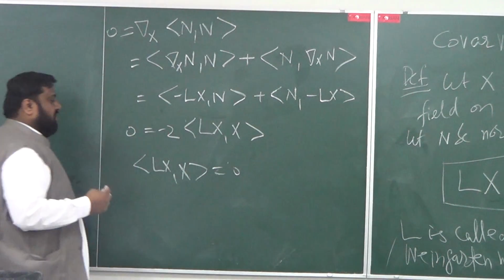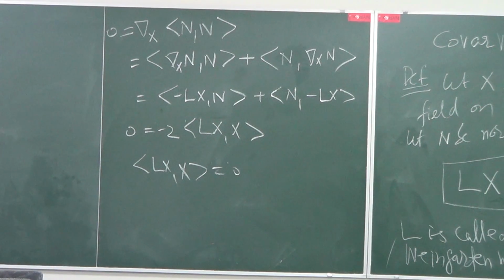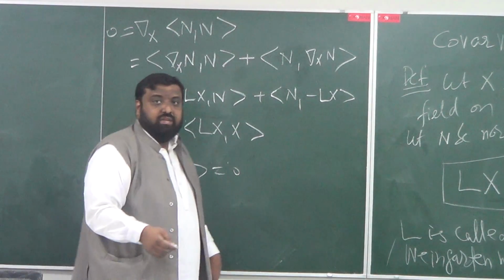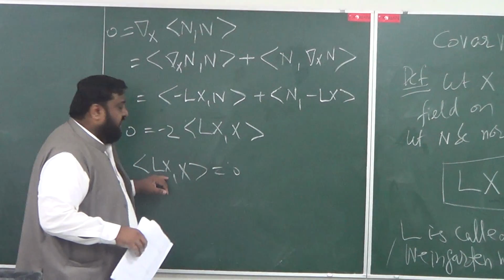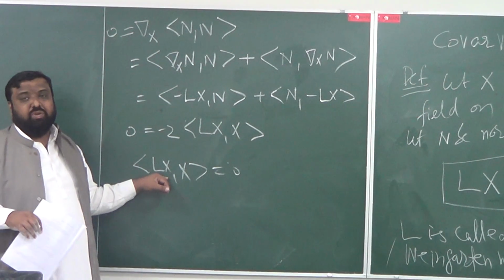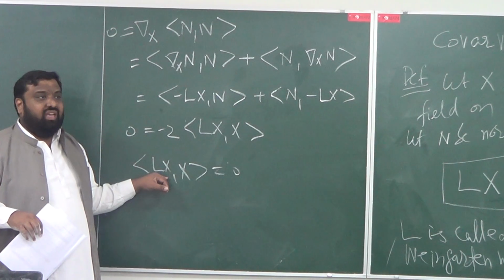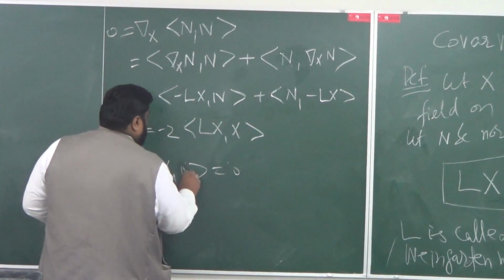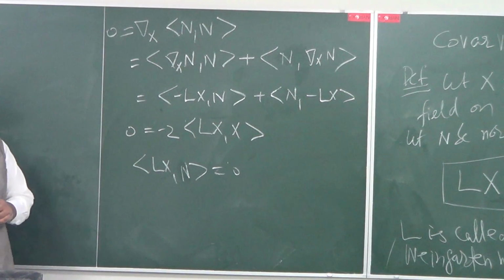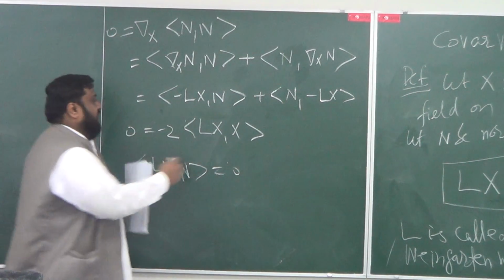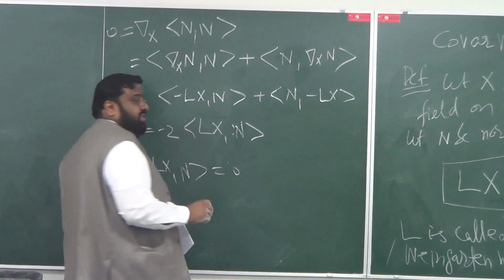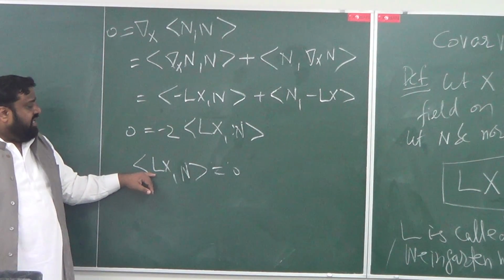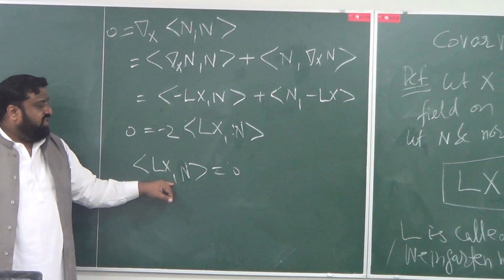So what does this show? Lx has an inner product with n equal to 0. I'm sorry, yes, it must be n. So this map has a dot product with n equal to 0.